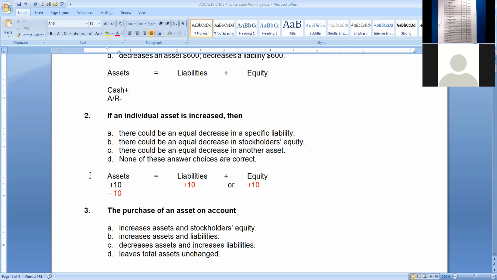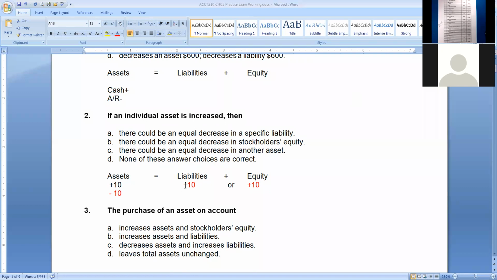Does this make sense? Let's take a look here. The individual asset went up, then an equal decrease in liability?